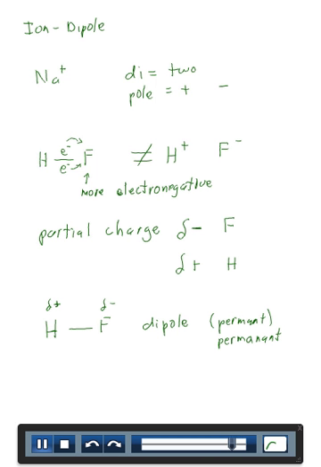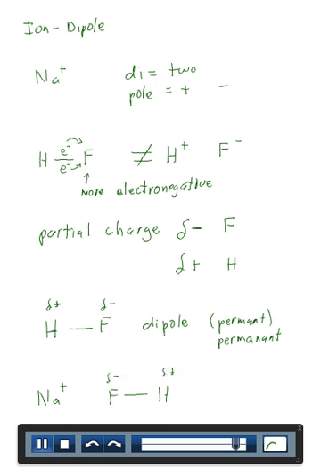So we could have an interaction between the sodium plus ion and the HF molecule. In this case, the fluorine would be closest to the sodium because the fluorine has a partial negative charge.